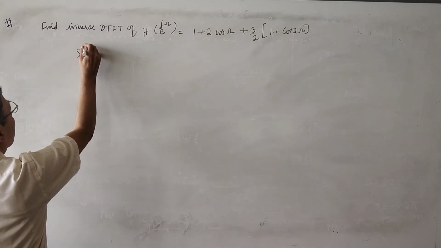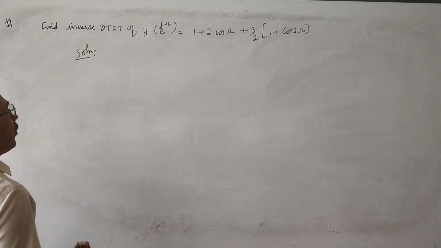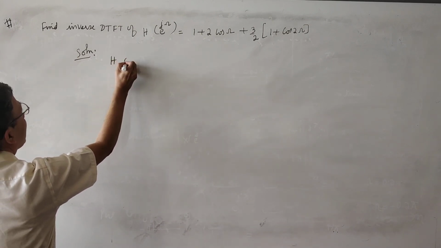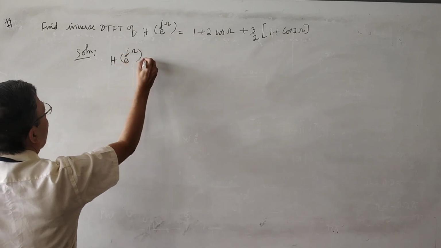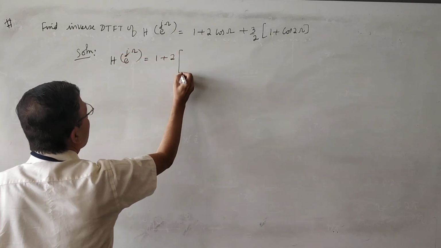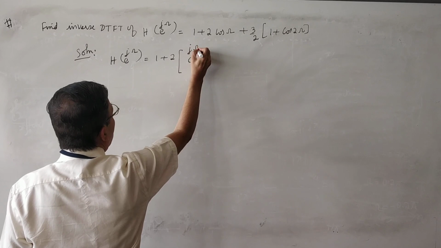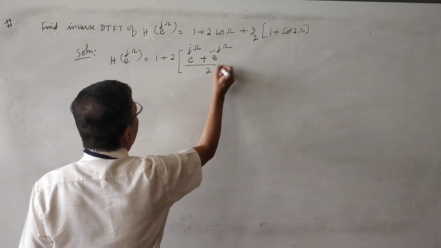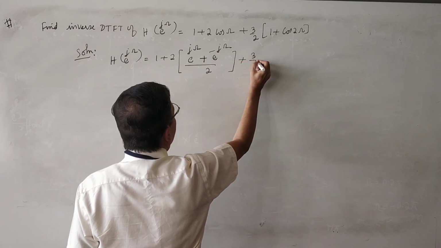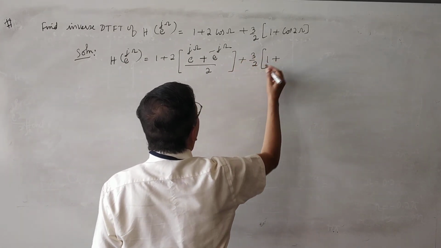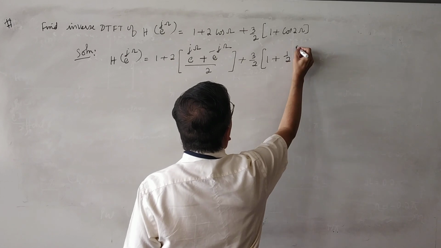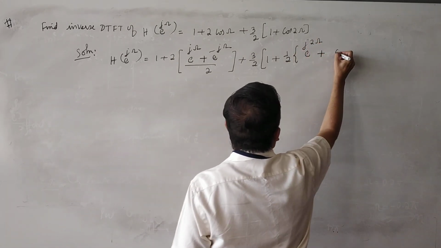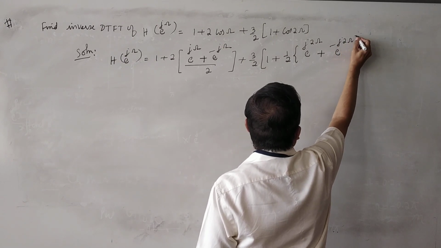Solution. Cos theta is what? e to the power j theta plus e to the power minus j theta by 2, Euler's formula. H of e power j omega I can write as 1 plus 2 times (e to the power j omega plus e to the power minus j omega) divided by 2, plus 3 by 2 into 1 plus half into (e to the power j times 2 omega plus e to the power minus j times 2 omega).